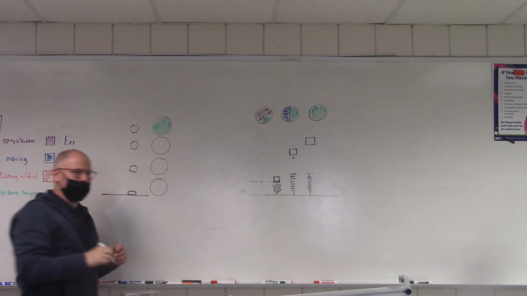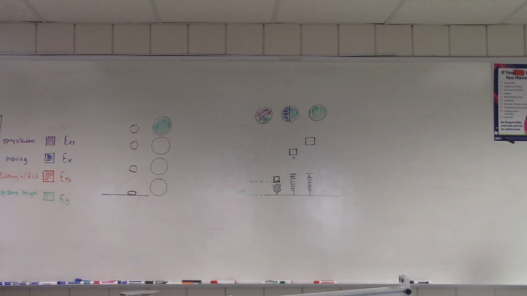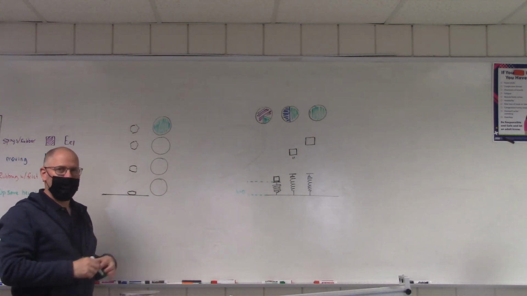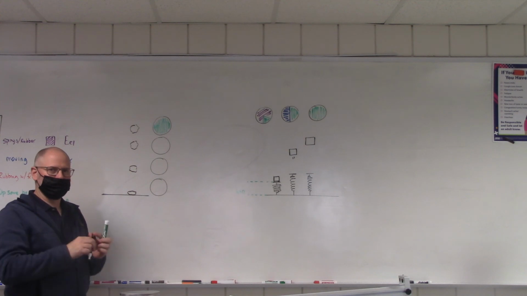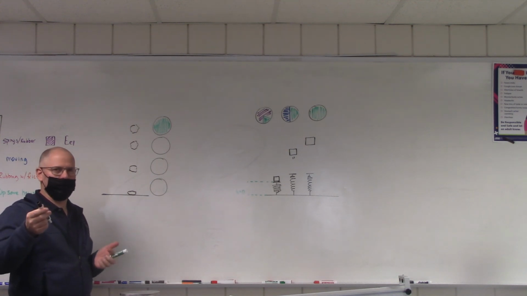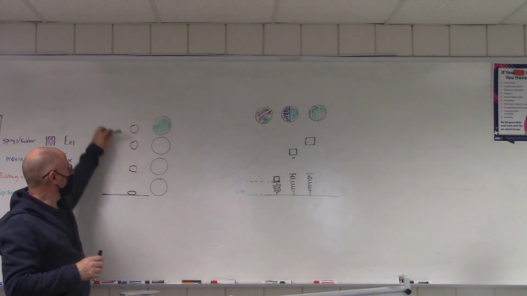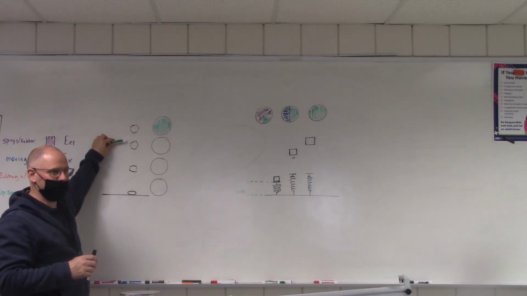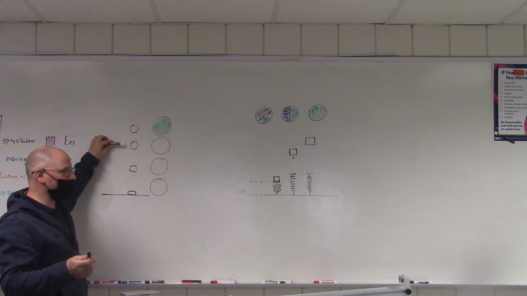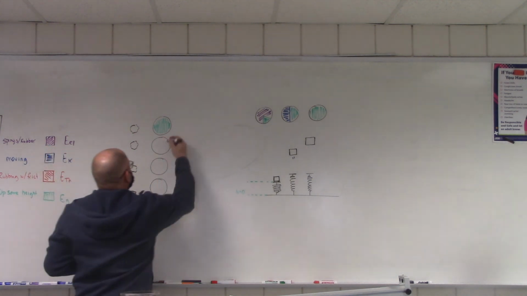All right, now what about the second one here? Michaela, this is your big moment. Gravitational and kinetic. I agree 100%. He says, look, it's moving now, so there's got to be some kinetic. It's lower, so there's less gravitational.